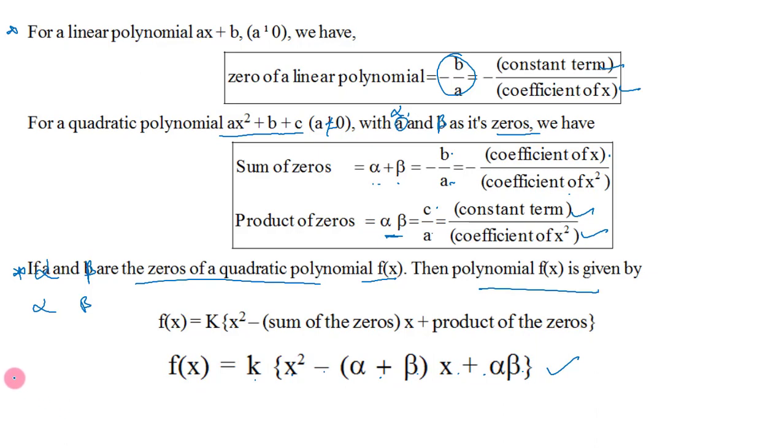This can be written verbally as f of x is equal to k of x square minus sum of the zeros into x plus product of the zeros.